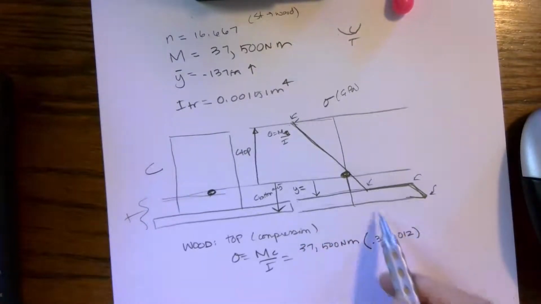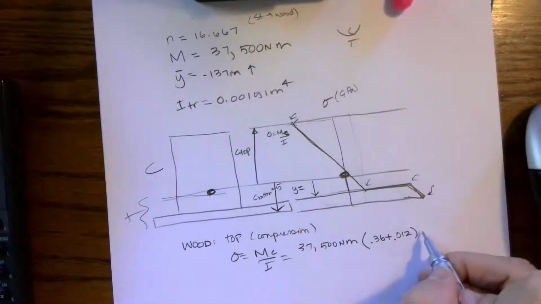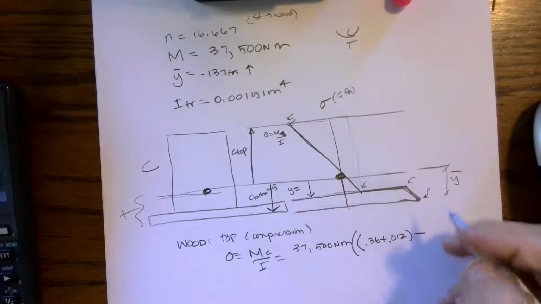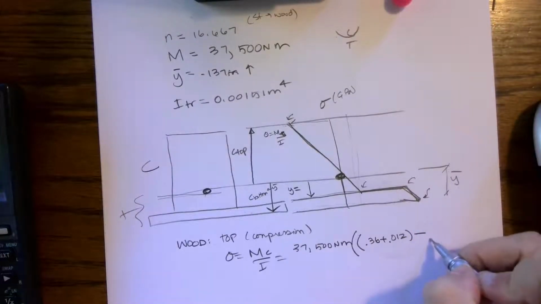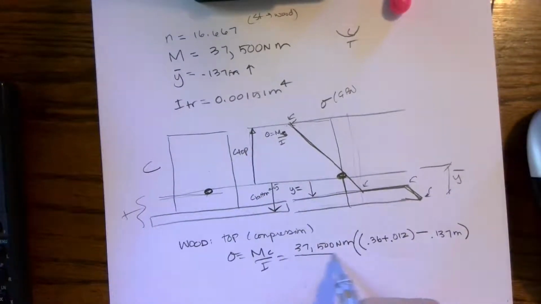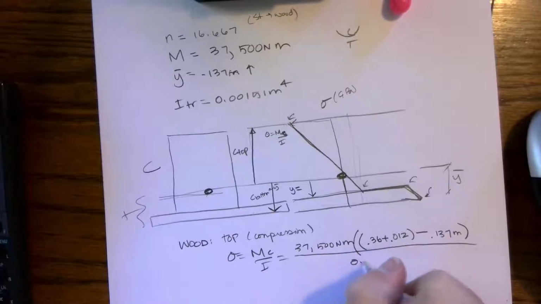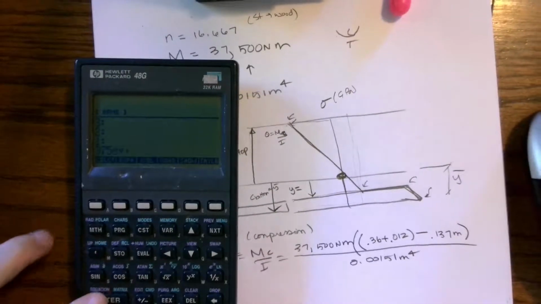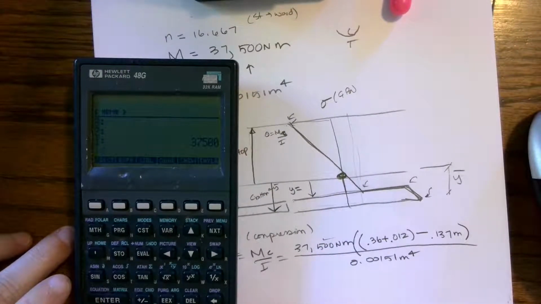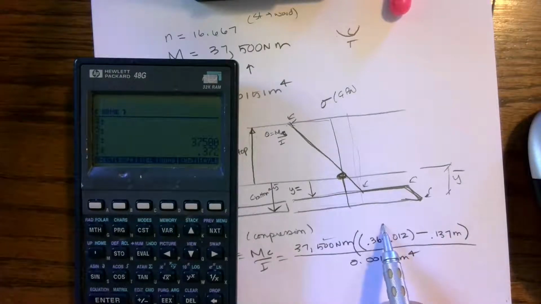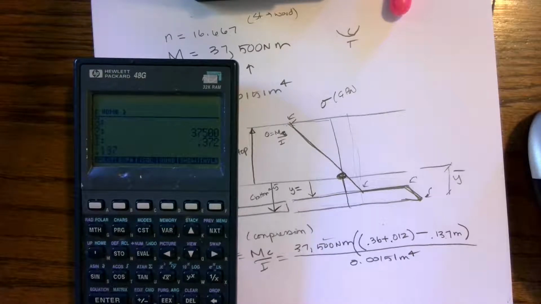So that is the entire height, minus Y bar, and that's my Y bar, which was 0.137 meters. So that gets me this distance up here to the top, divided by 0.00151 meters to the fourth. Okay, so we have 37,500, enter, check. Whoops, I don't want a space, 0.36 plus 0.012, that's my entire height, minus 0.137, that's my Y bar from the bottom.